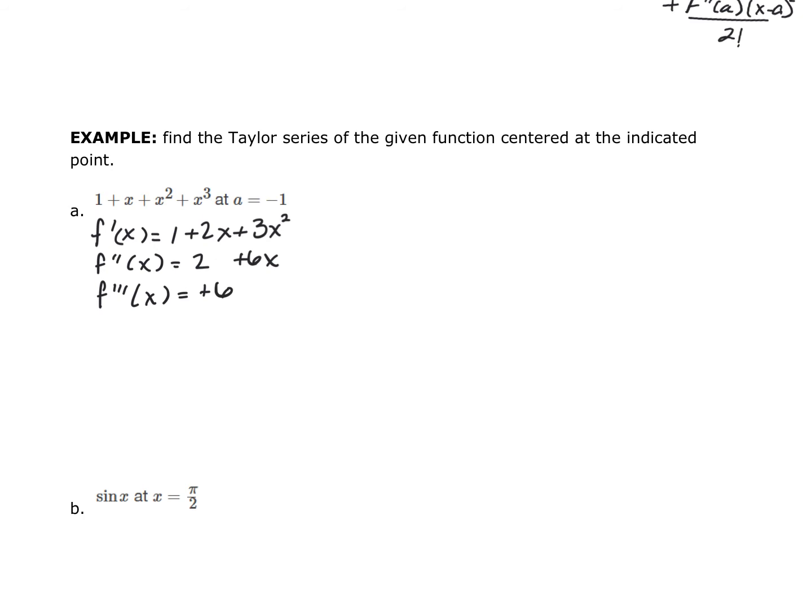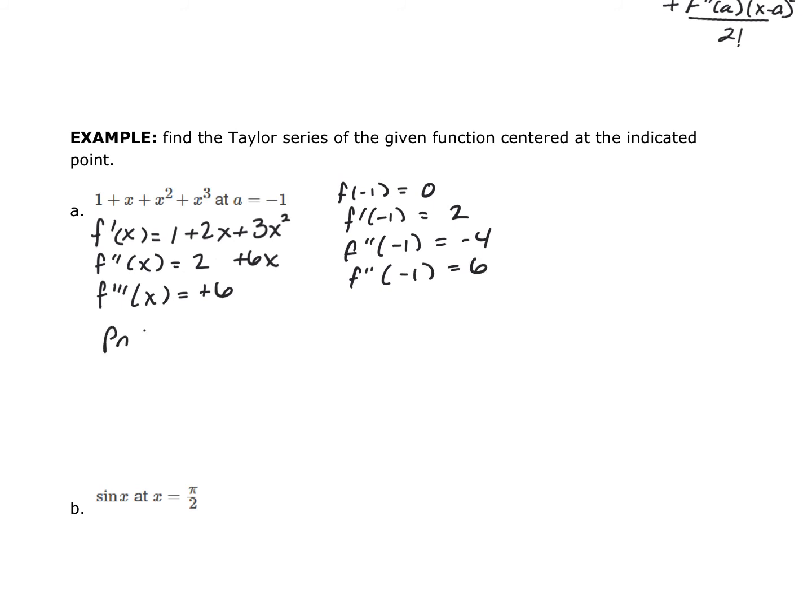I also need some evaluations. So I'm going to do f of -1, so f of a, which is going to be 0. F prime of -1, which is going to be 2. F double prime of -1, which is -4. And f triple prime of -1, which is 6.